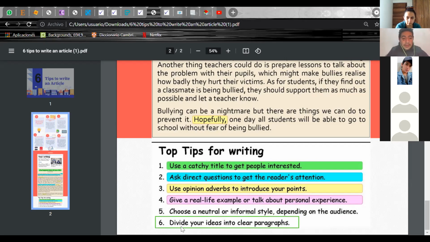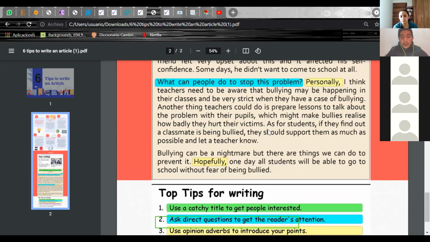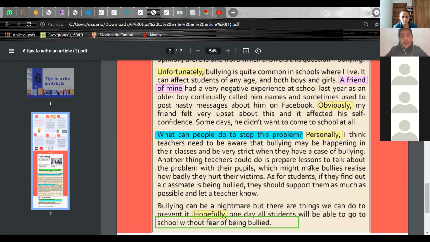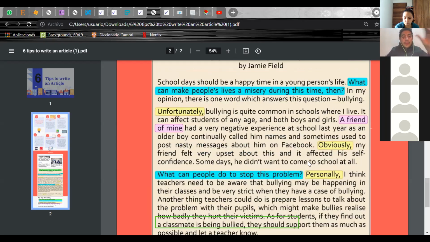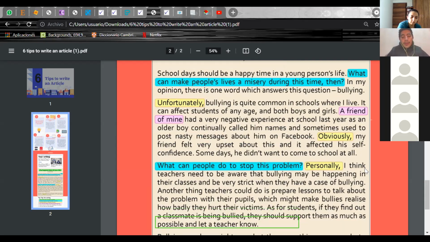Okay, thank you. And so the last one says divide your ideas into clear paragraphs. Also, this tip is really important for you because when you're writing an article, you need to write paragraph per paragraph. Maybe the most common structure is to write firstly an introduction, then a body paragraph and a concluding paragraph.